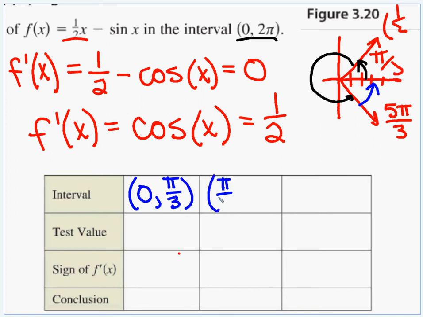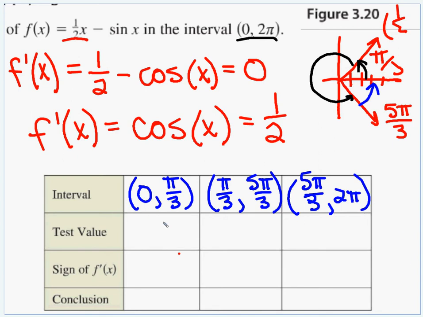Next up, 1/3 pi to 5/3 pi. And then finally, finishing off our trip around the unit circle, 5/3 pi to 2 pi.